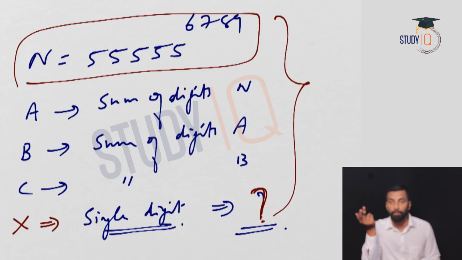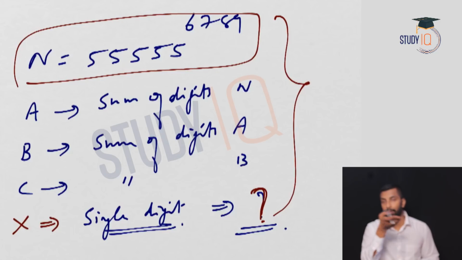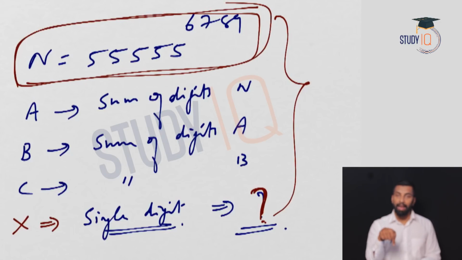What is the divisibility rule of 9? You take the sum of digits, again and again, till you get a single digit. If that single digit is 0, the number is divisible by 9. If it is any other digit, that is the remainder when the bigger number is divided by 9. So effectively, the single digit is the remainder when you divide this number by 9.